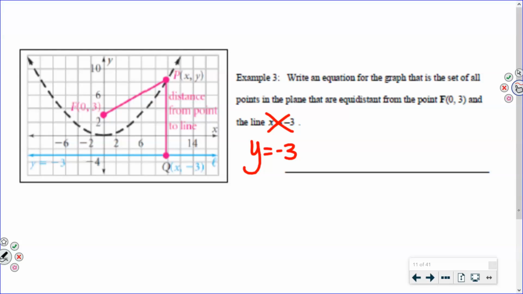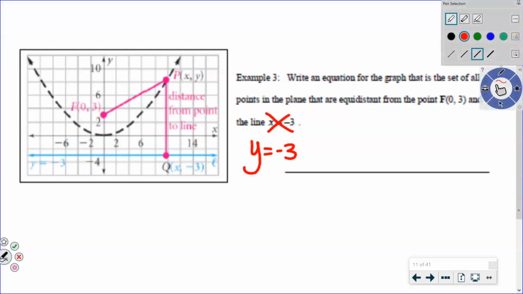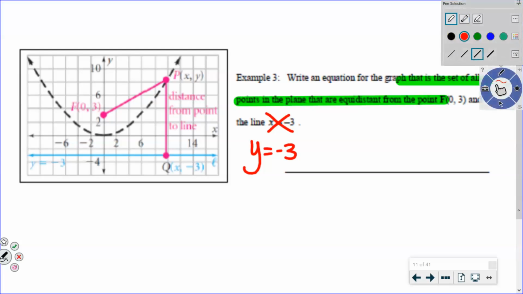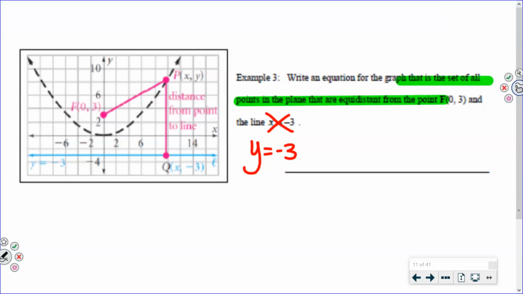Okay, so example 3: write an equation for the graph that is the set of all points in a plane that are equidistant from point F. That right there, y'all, this is the definition of a parabola. Equidistant from a point and a line. So let's take a look at what's going on. This is the focus. This is the directrix.